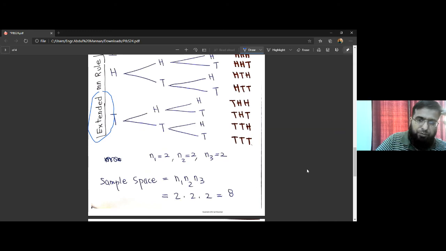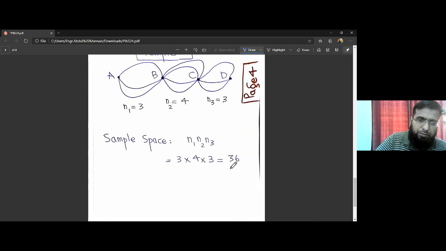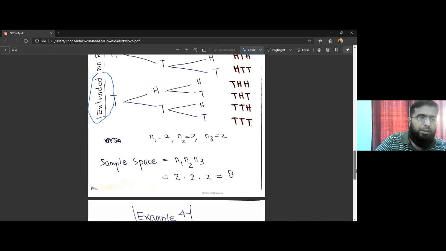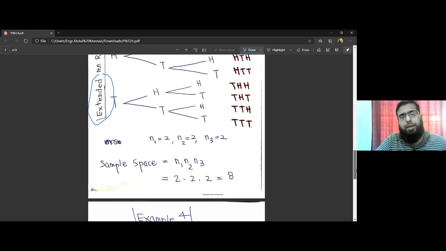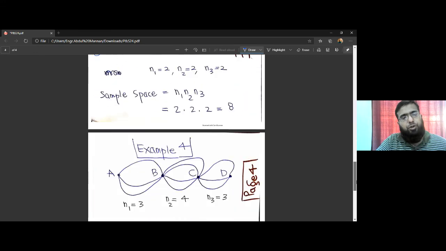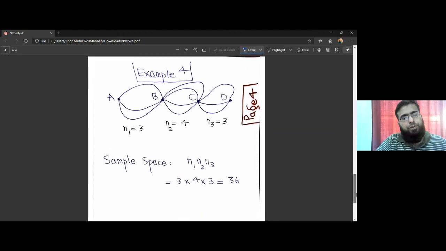In the dice example we have the same number of options for each n, but here we can have different options for different n's. So the mn rule becomes an extended mn rule if we have different options for each stage. For m equal to 1 we have 3 options, for m equal to 2 we have 4, and for m equal to 3 we have 3. Therefore, instead of multiplying m times n, we multiply n1, n2, and n3.